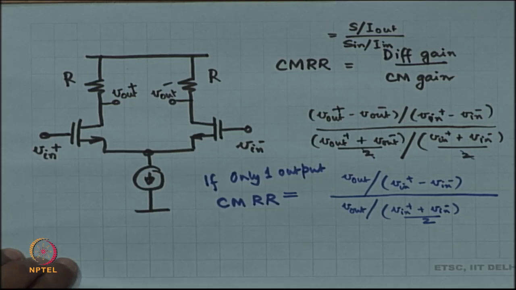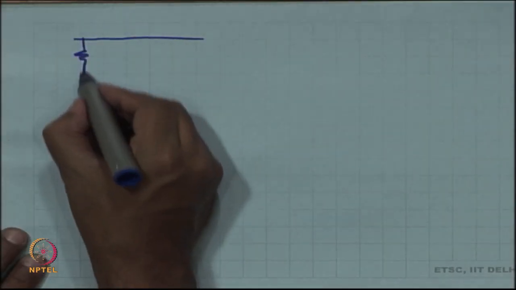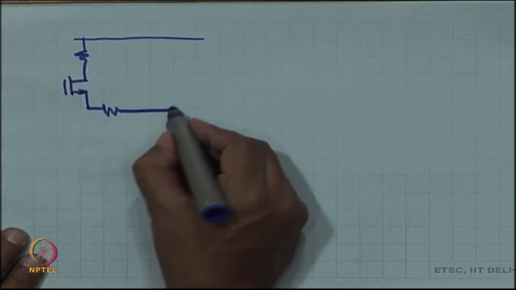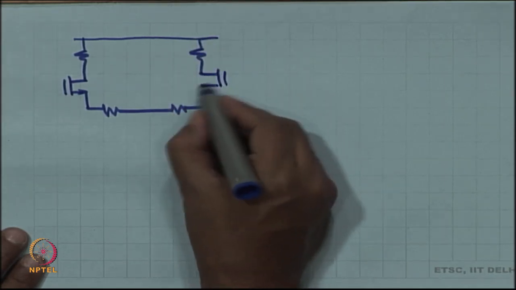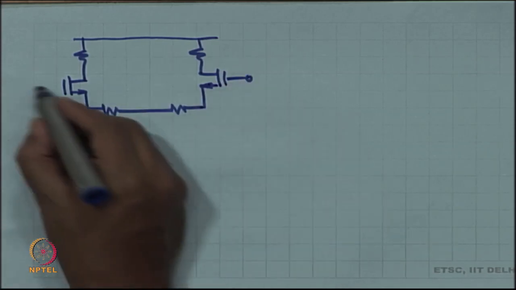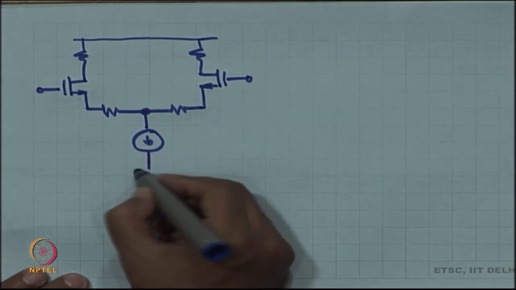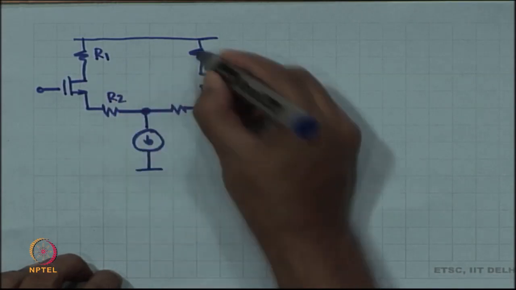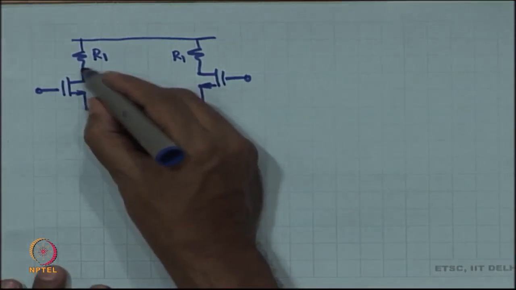For example, I could modify this circuit and make a new circuit which is also a differential circuit. Will you be able to analyze this?